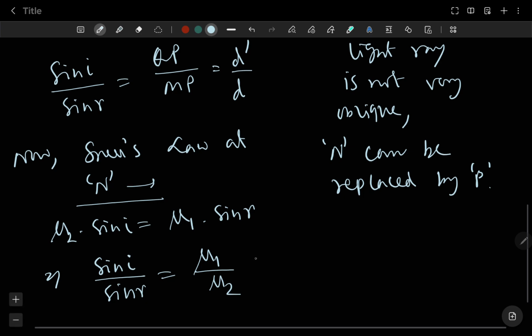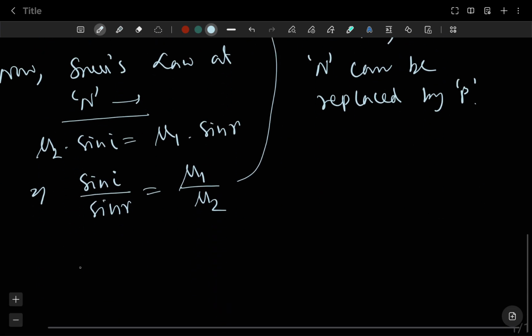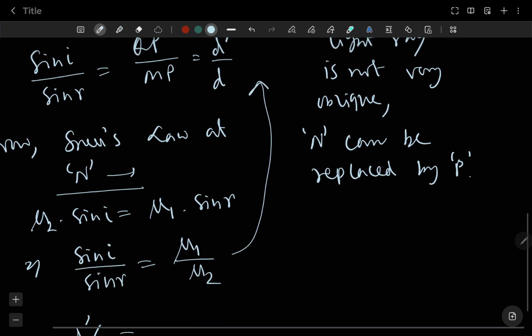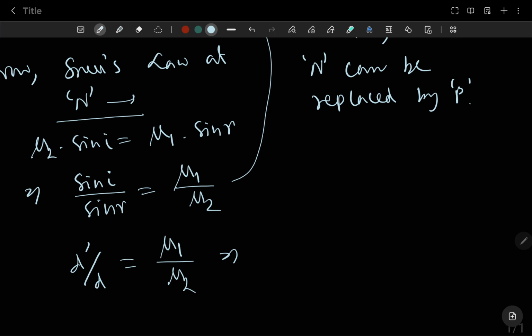So let us put this thing here in this equation. So what you will get, d dashed by d is equal to mu 1 by mu 2. So d dashed will be mu 1 by mu 2 into d.